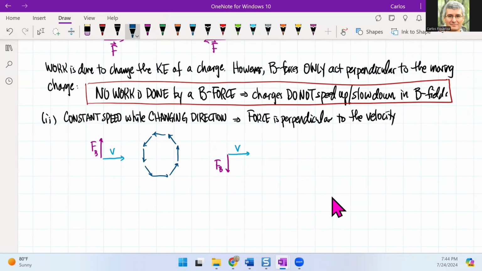It's going to circle in the counterclockwise direction. On the other hand, in this situation, it's going to move in the clockwise direction. In other words, it's going to start here, and then it's going to rotate clockwise. So in this situation, you could see that the force is not in the direction of the moving charge.